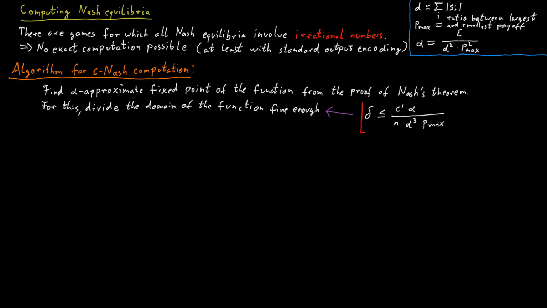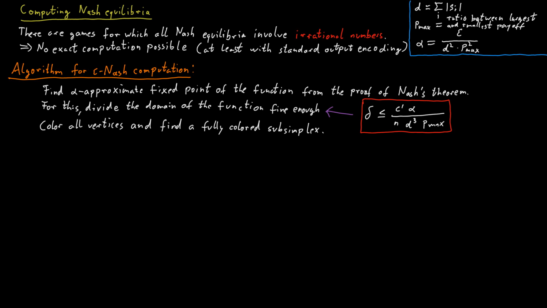And then we color all the vertices according to the rules in the proof of Brouwer's fixed point theorem, and we find a fully colored subsimplex. And then any point in that subsimplex will be an approximate fixed point.